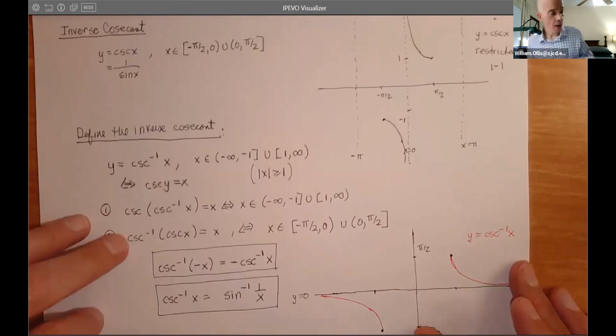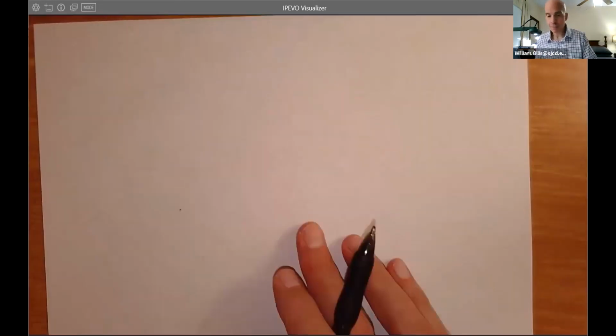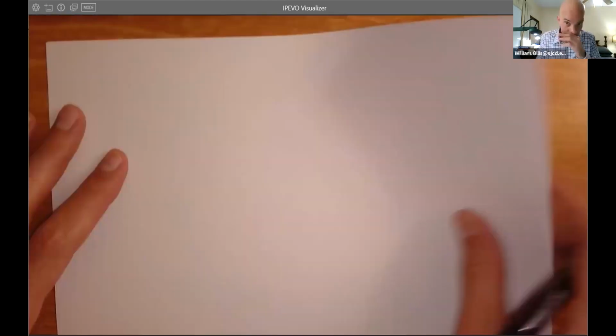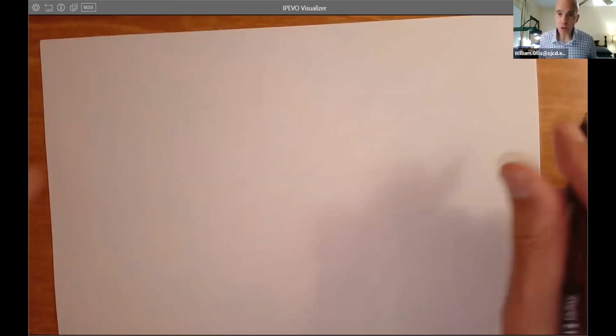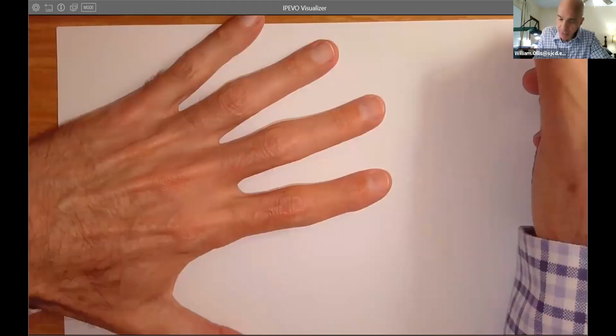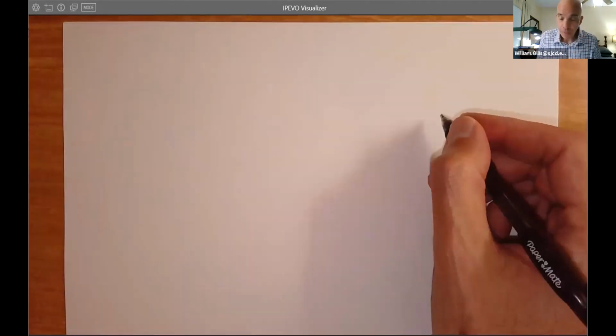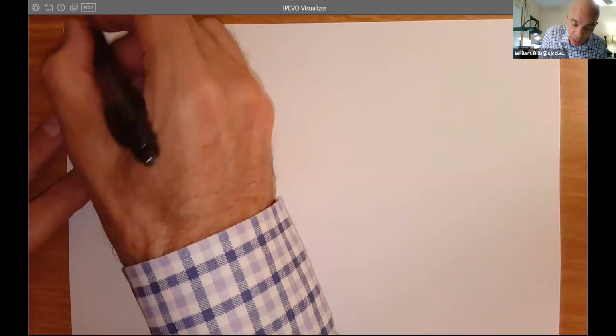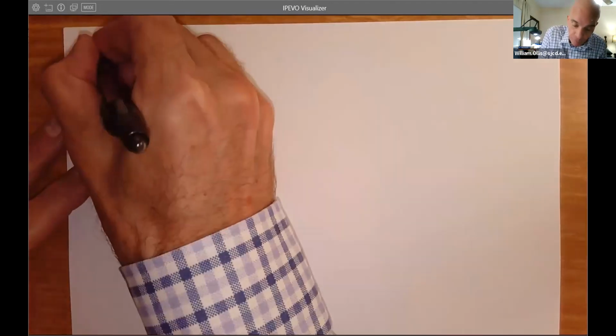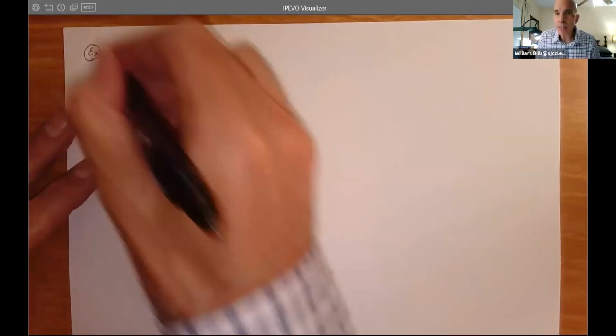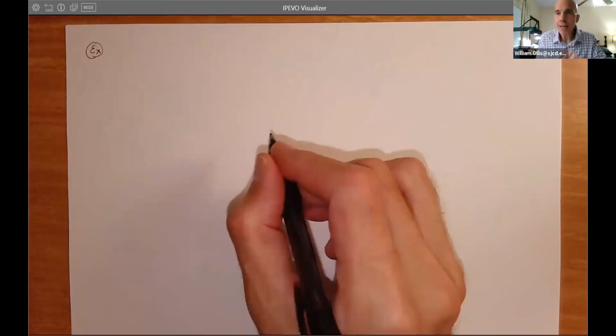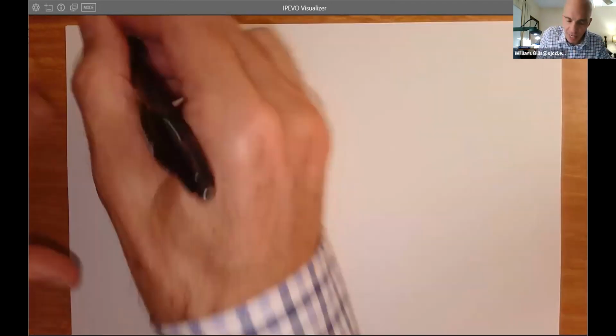Okay, so now what I want to do is do a few computations. So you're thinking, how is it that we do all of this? How do we contend with all of this? What's the deal with computations? So for instance, we know the basic unit circle, and here's a good example of this.